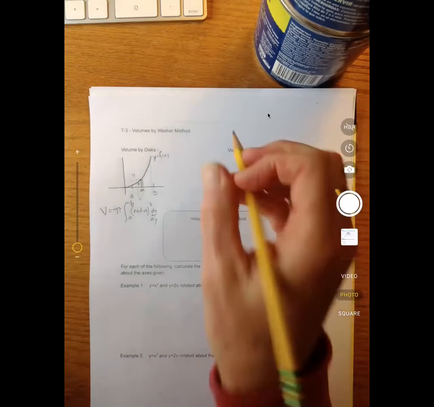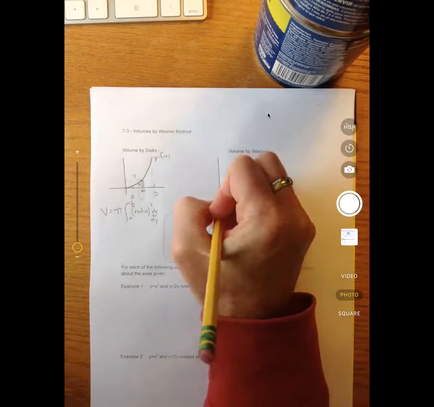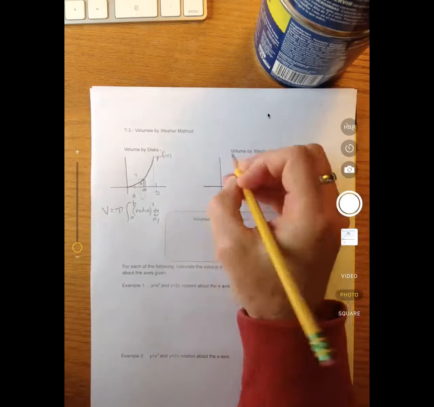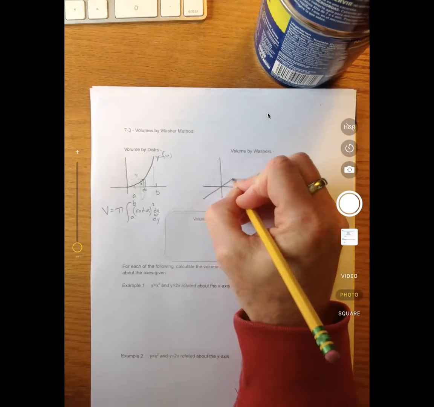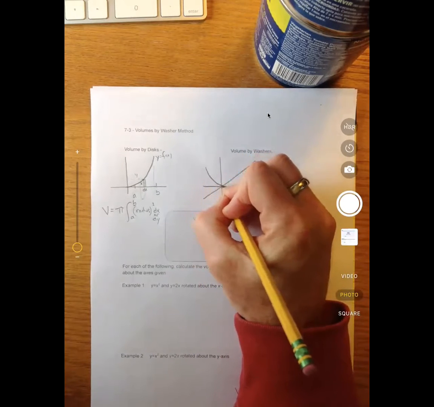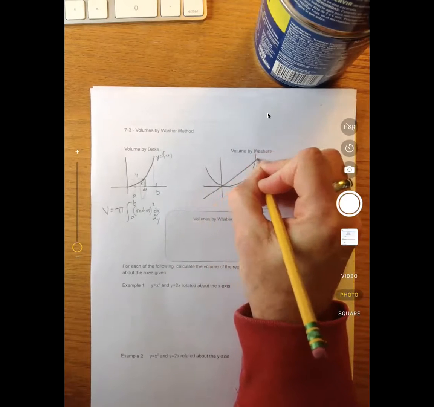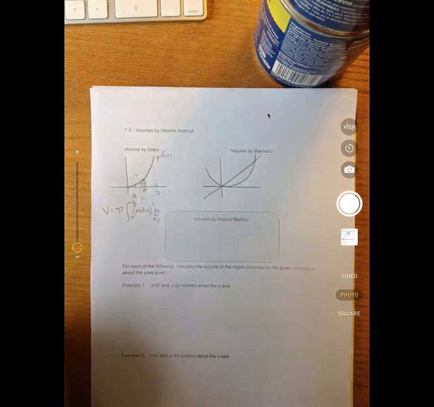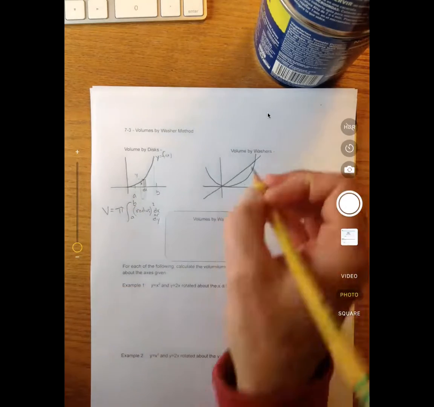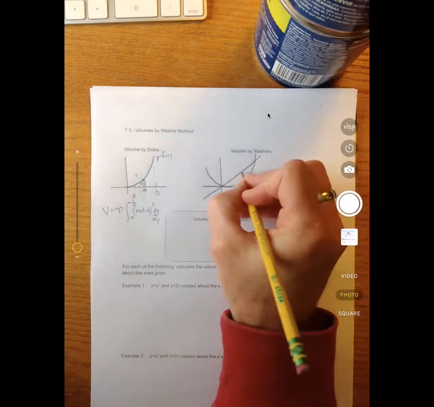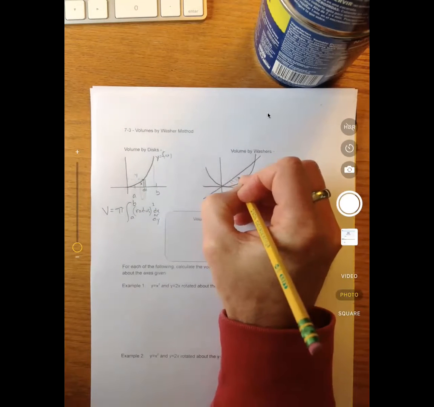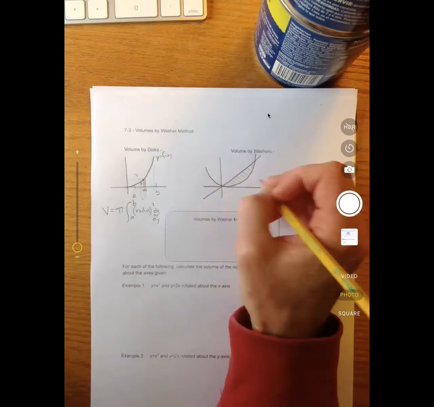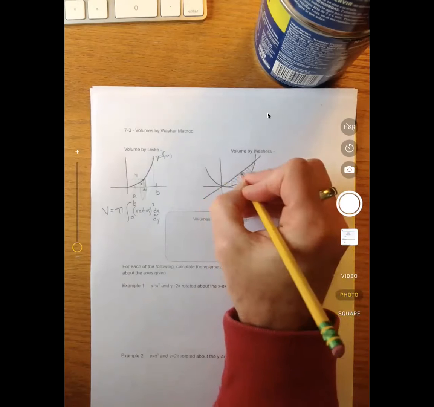But now what happens if I get a situation where the actual region that's bounded doesn't actually touch the axis of rotation? Notice this rectangle always sat on the axis of rotation. Well, what if I wanted to take two functions here and the region that's enclosed by them, and I want to spin this around the x-axis?